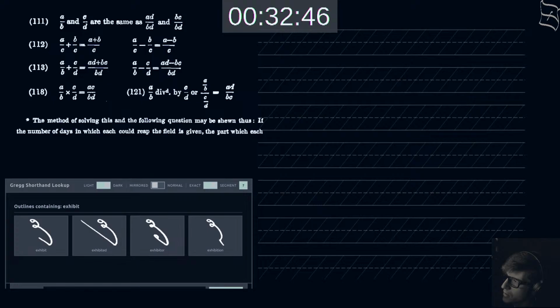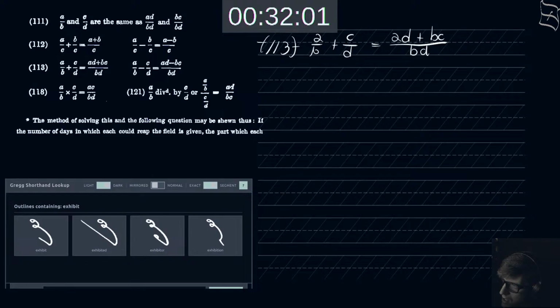We have 113, the article which lays out this rule, and it states that A over B plus C over D, notice the difference in denominators, is the equivalent to the product of A and D plus the product of B and C all over the product of the denominators, which is B and D. All right.